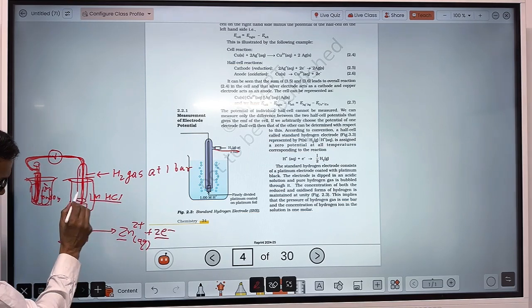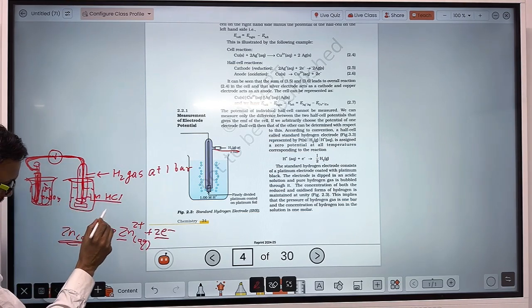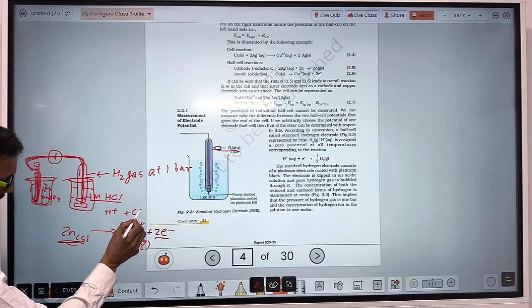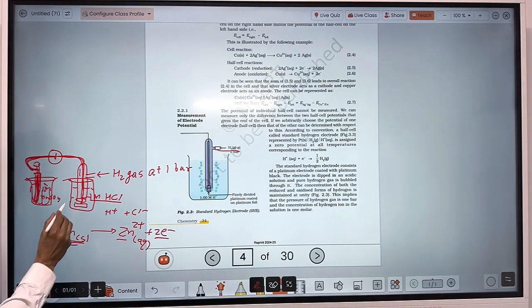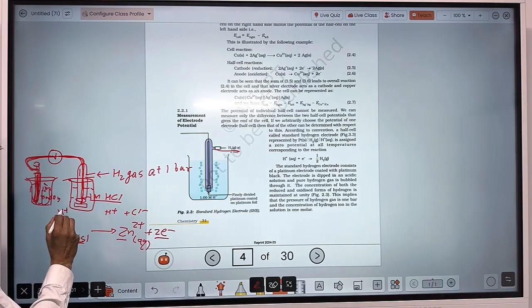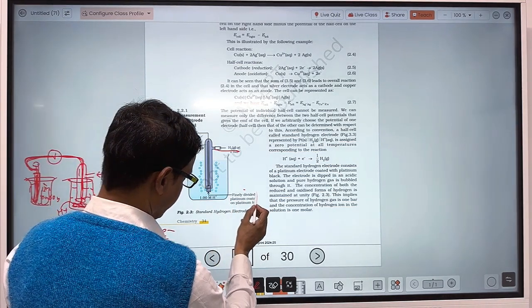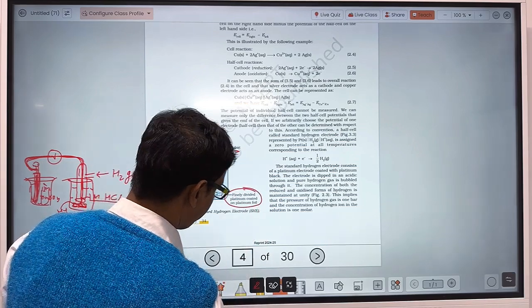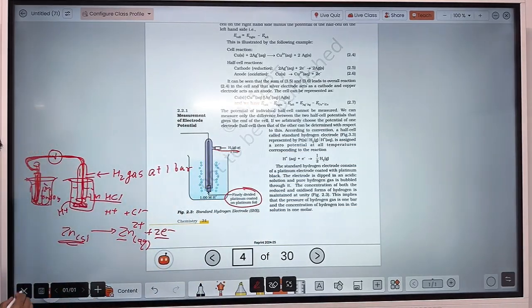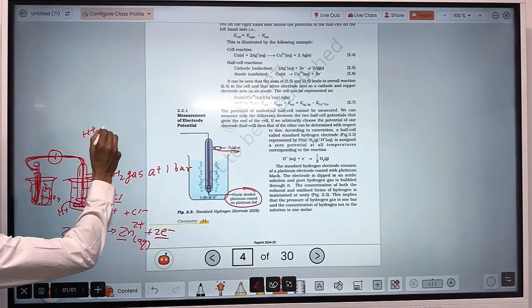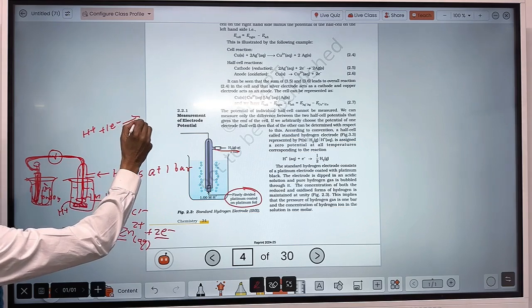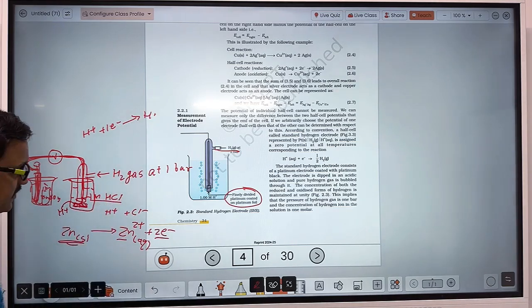Now inside this solution there is H plus and Cl minus. The H plus ion present in this solution gets attracted towards this platinum foil, finely divided platinum coated on platinum foil. This H plus ion will gain 1 electron and convert into a hydrogen atom.